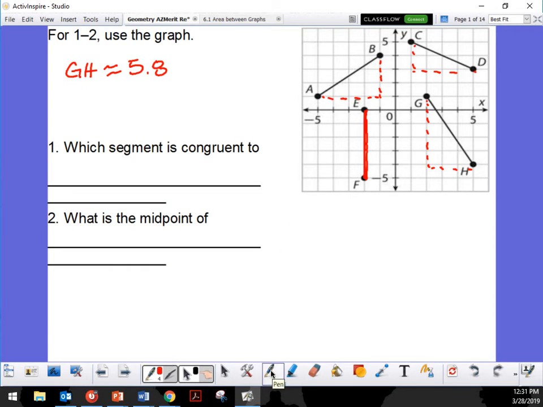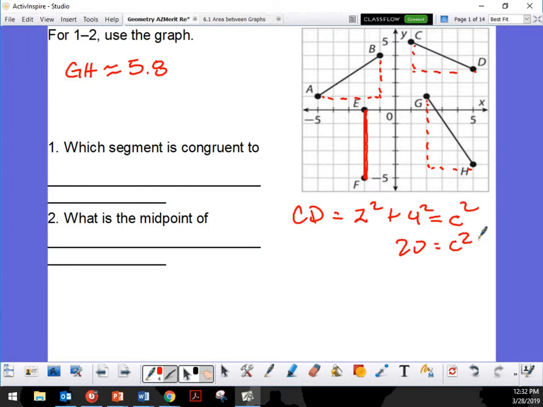So we did GH. So let's do CD. So now for CD, that's going to be equal 2 squared plus 1, 2, 3, 4 squared. That's equal to my C squared. So right here we're going to have 4 plus 16, which is 20.